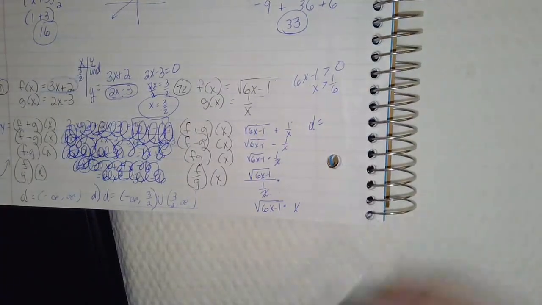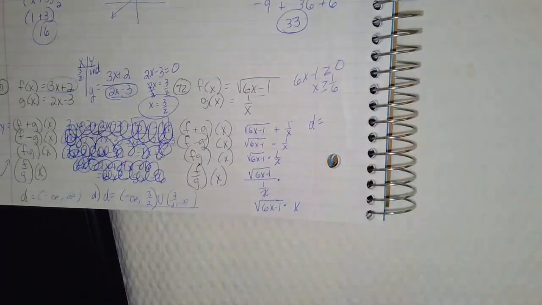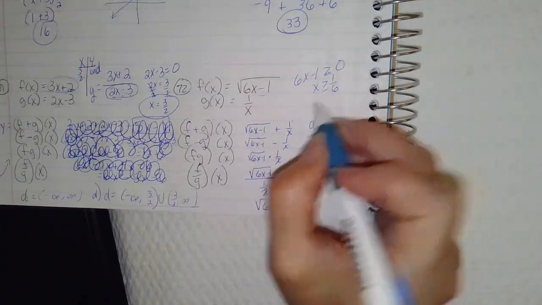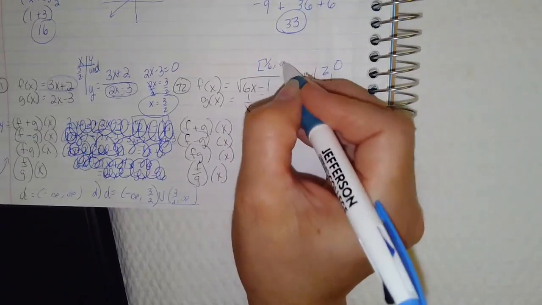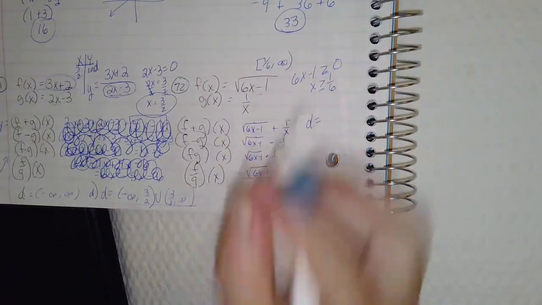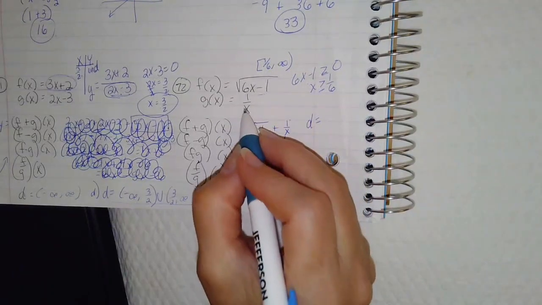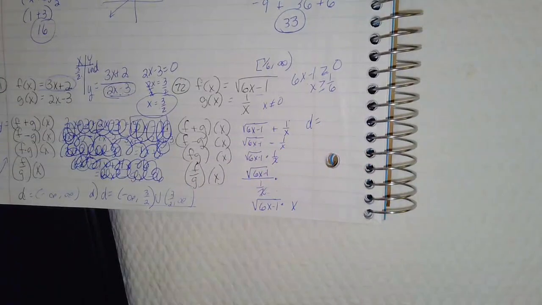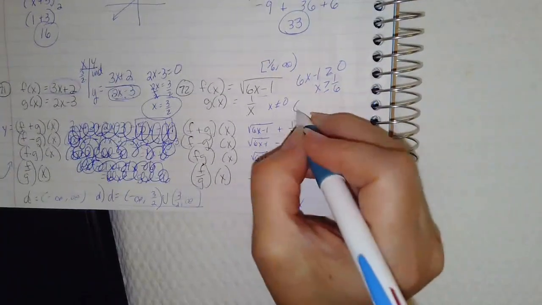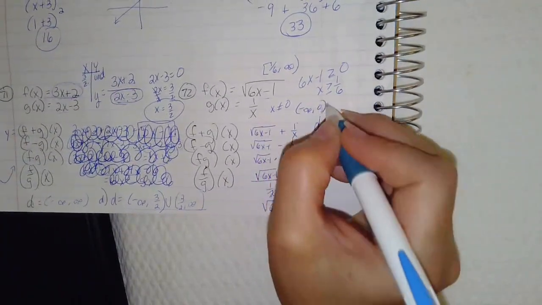We just can't have a negative. So for that part of the problem, we can have 1/6 or larger. And then down here, we cannot plug in anything that makes the denominator equal 0, so x cannot be 0. So our domain for the fraction part is negative infinity to 0, union 0 to infinity.